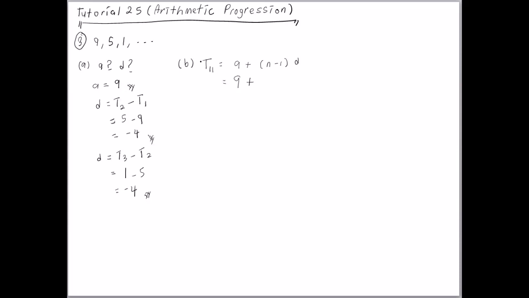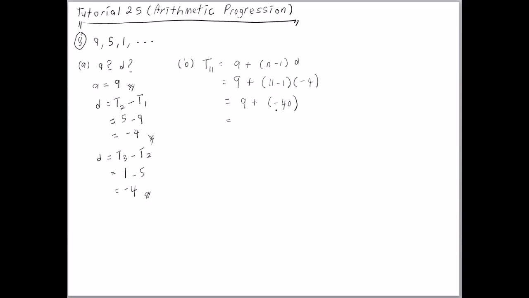Since we want to find T11, our n is 11 minus 1, and then D is negative 4. 11 minus 1 is 10. 10 multiplied by negative 4 is negative 40.